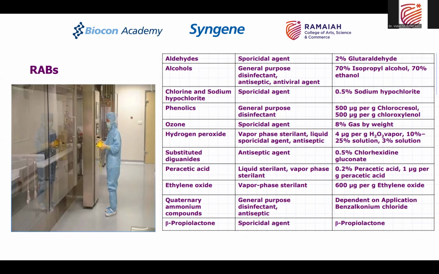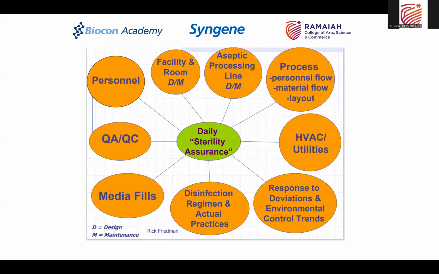There are also antiseptic agents, then peracetic acid, ethylene oxide, very commonly used again, and quaternary ammonium compounds. Again, these can also be used, and lactone, beta-propiolactone. So all these are some spore killing agents, which are generally used.